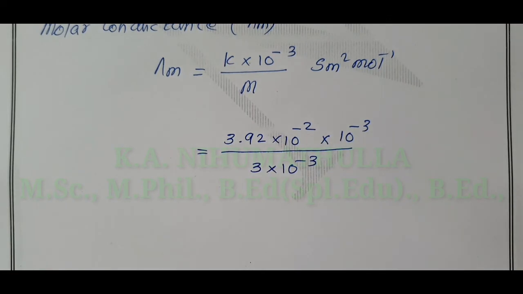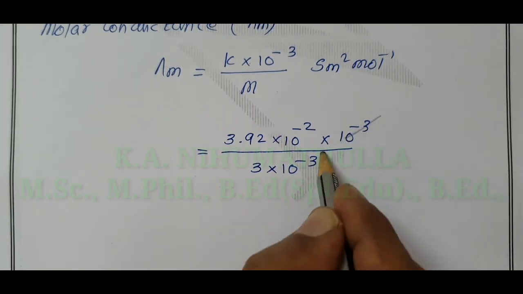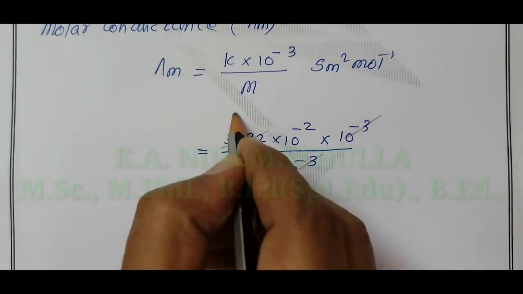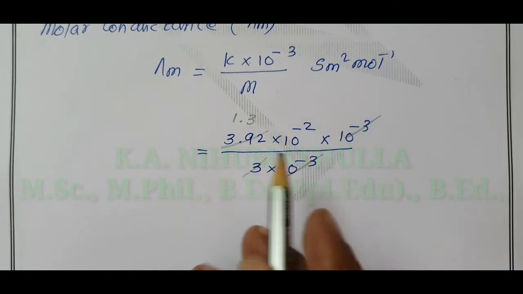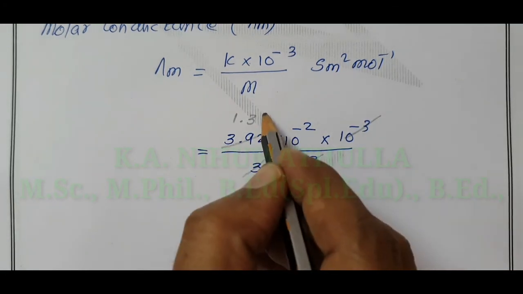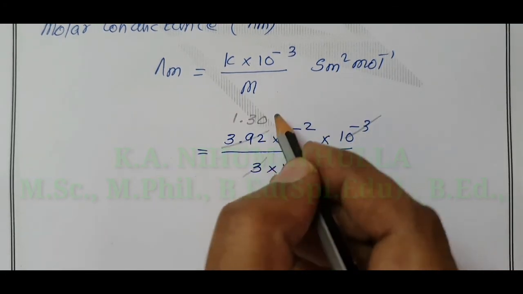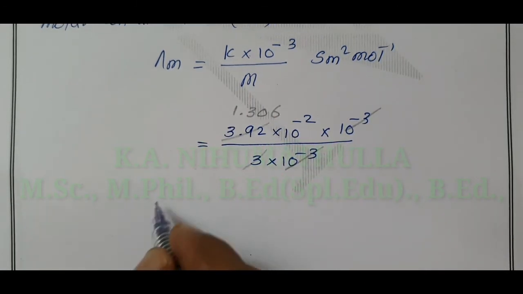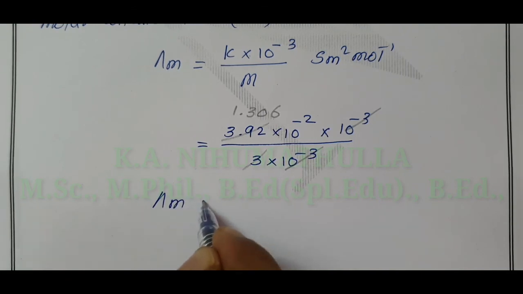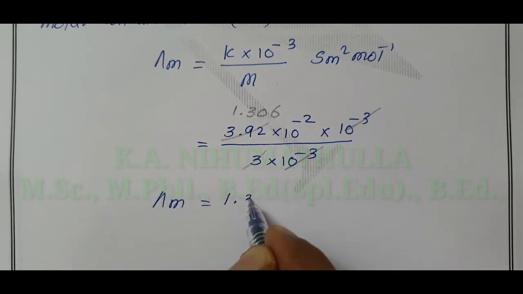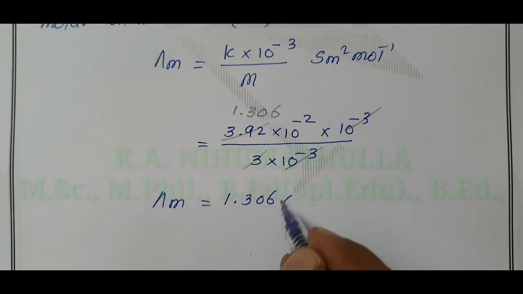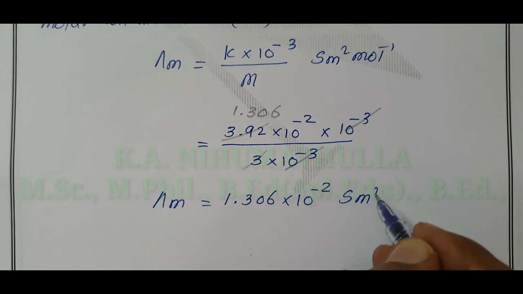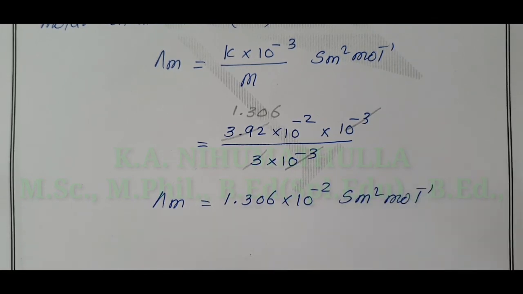Easy cancellation: 10 power minus 3 and 10 power minus 3 get cancelled. So, what is the molar conductance? Capital lambda m equal to 1.306 into 10 power minus 2, unit is Siemens meter square mole power minus 1.